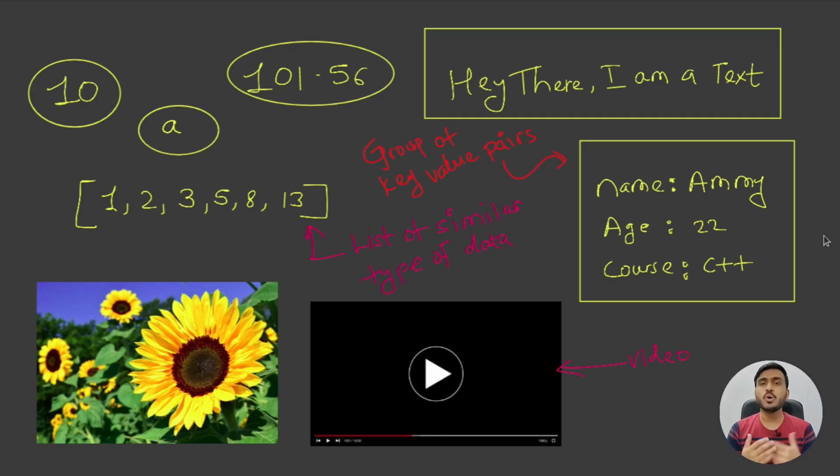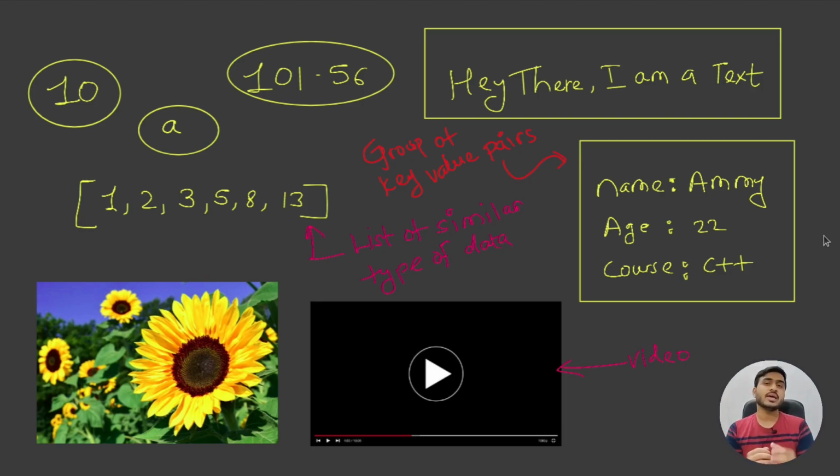Now why am I showing you all these different types of things? The reason behind this is nothing but data. These different values are nothing but our data, and in any programming language, as a good programmer, you should always know how you can deal with the data, how you can store the data, how you can perform different operations on top of the data.